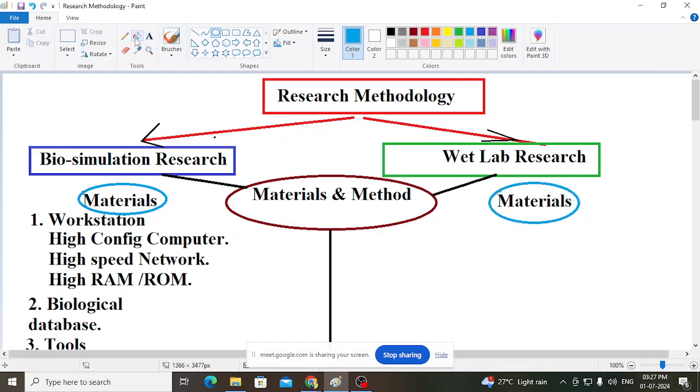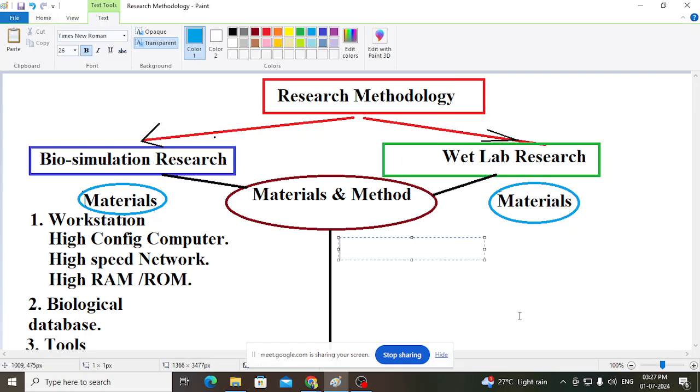So here, what are the materials we need? For wet lab research, first and foremost we will need reagents. Then we will need kits, various kinds of kits.